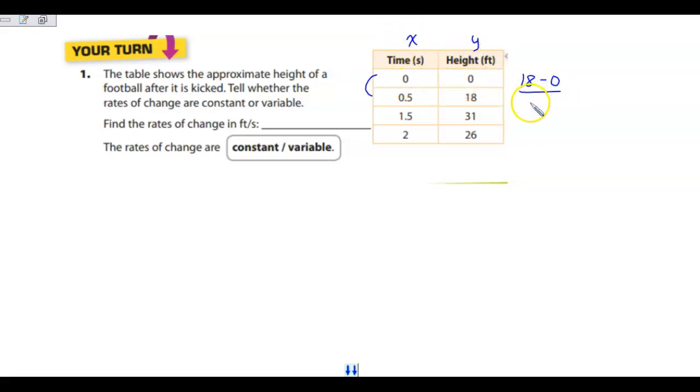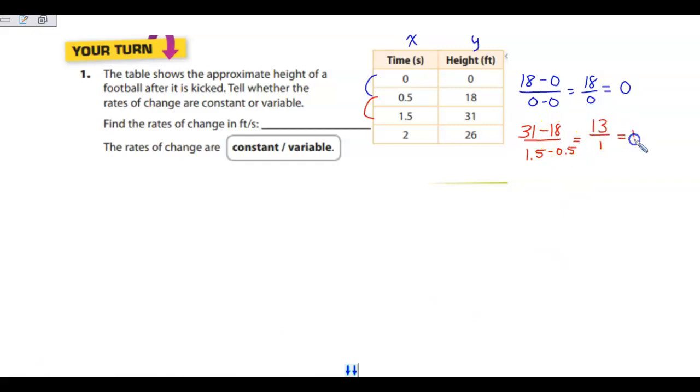Over 0 minus 0. And we get 18 over 0, which is 0. Okay? Then let's try these two. So we're going to have 31 minus 18 over 1.5 minus half.